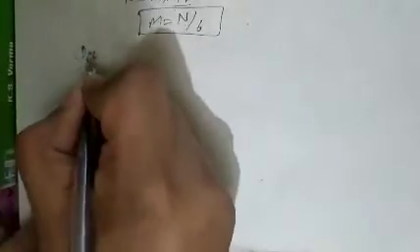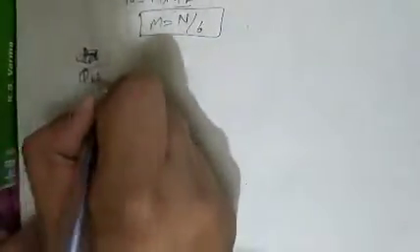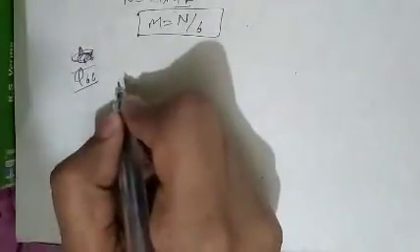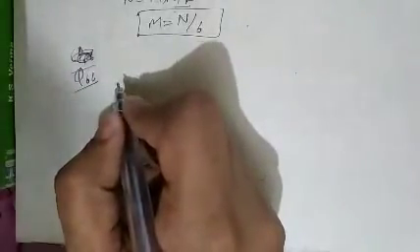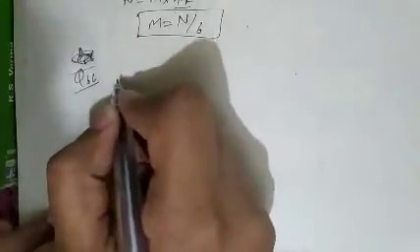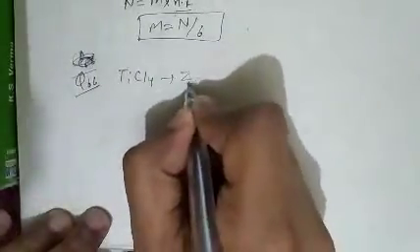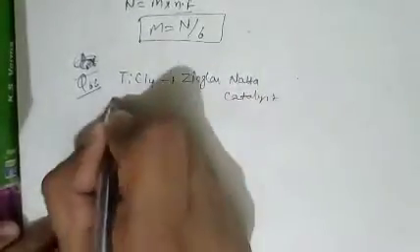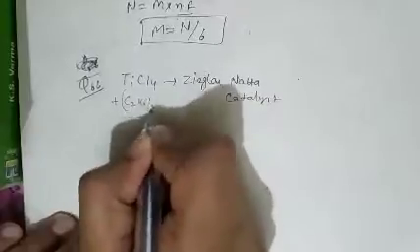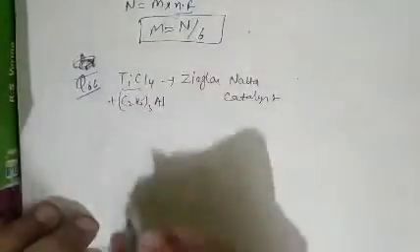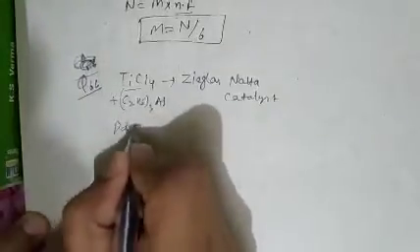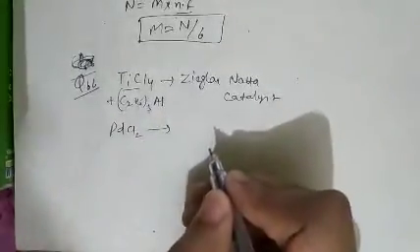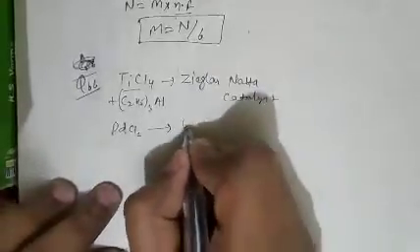See question number 66. In question number 66, catalysts are given there. We know that TiCl4, titanium tetrachloride, mixed with triethyl aluminium, is the Ziegler-Natta catalyst. And also we know PdCl2 is used in Wacker's process.